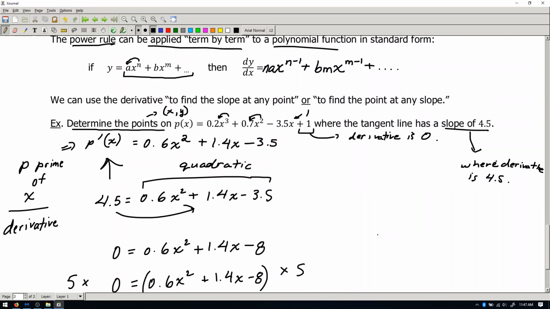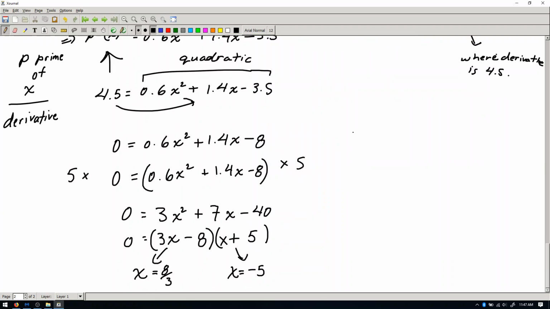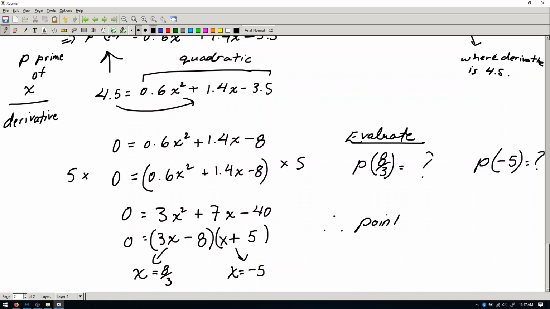Now it does say points, right? So I do need a y-coordinate. So all I would do now is evaluate p of 8/3, which equals something, and then p of -5, which equals something, and then therefore the points are 8/3 and p of 8/3, and -5 and p of -5.